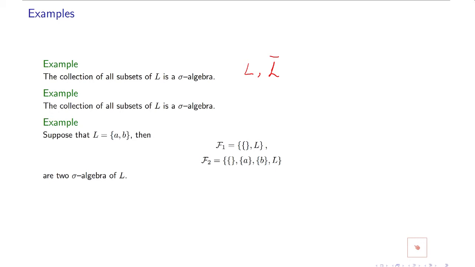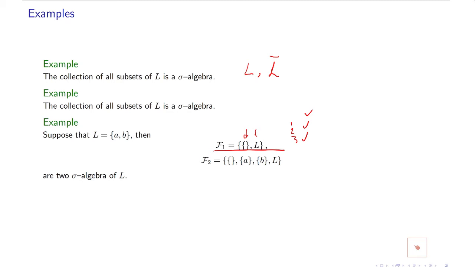For instance, if Ω has two members, one sigma algebra is a trivial sigma algebra, which is useless for us. Ω is in there, its complement is there, and you can verify that conditions 1, 2, and 3 are satisfied. But this is not useful for us because in that case we could define only the probability of these two. This probability, we'll see, is 0, this is 1, and nothing else.